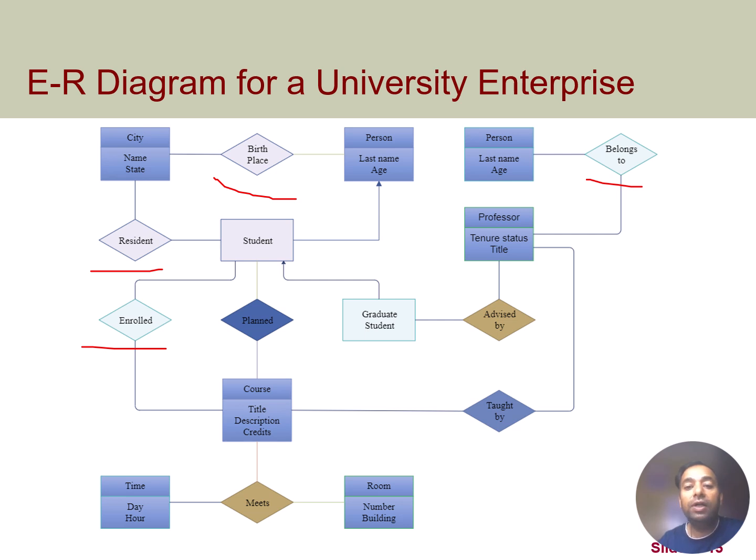Connects student and graduate student to course, indicates course enrollment or planned future courses. Next we have advised by. Connects graduate student to professor, typically an advisor-advisee relationship in universities.